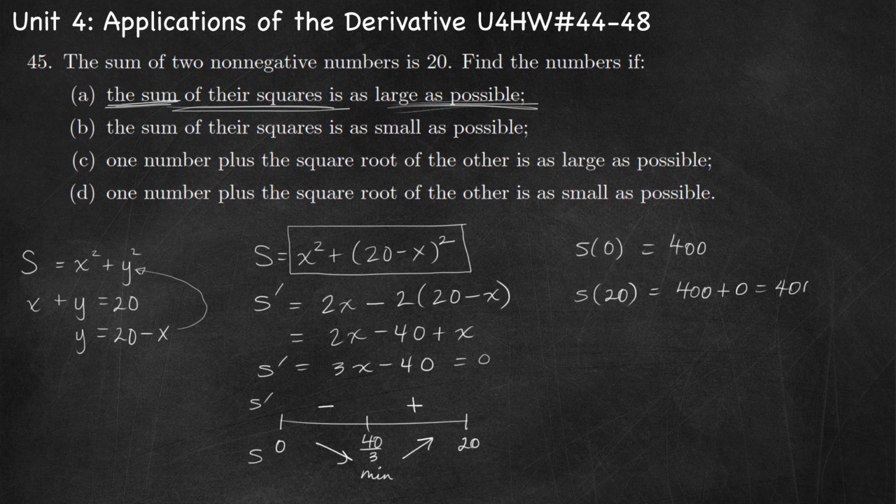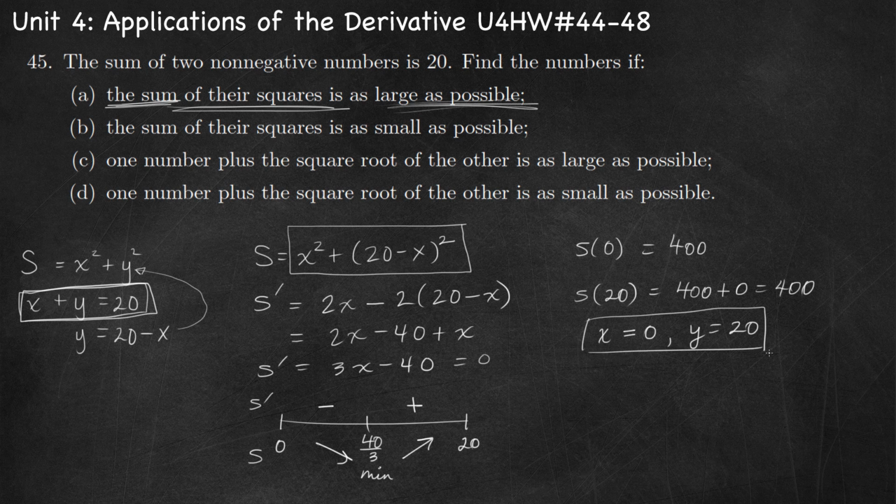So either way, we get 400. So that means our x is either 0 or it's 20. But if x is 0, then going back to the equation x plus y is 20, we know that y is 20, and vice versa. If x is 20, then y is 0. So the two numbers that will maximize the sum of squares would be 0 and 20.